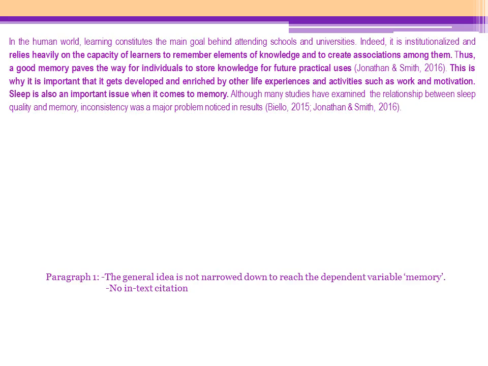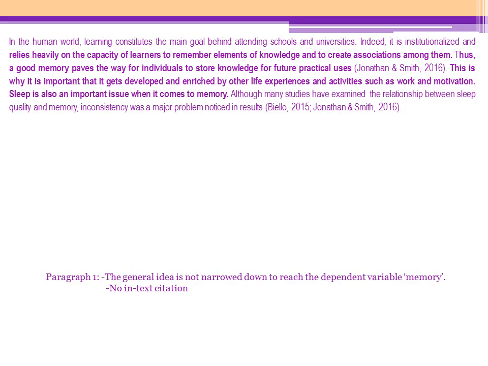Thus, a good memory paves the way for individuals to store knowledge for future practical uses. This is why it's important that it gets developed and enriched by other life experiences and activities such as work and motivation. Sleep is also an important issue when it comes to memory.